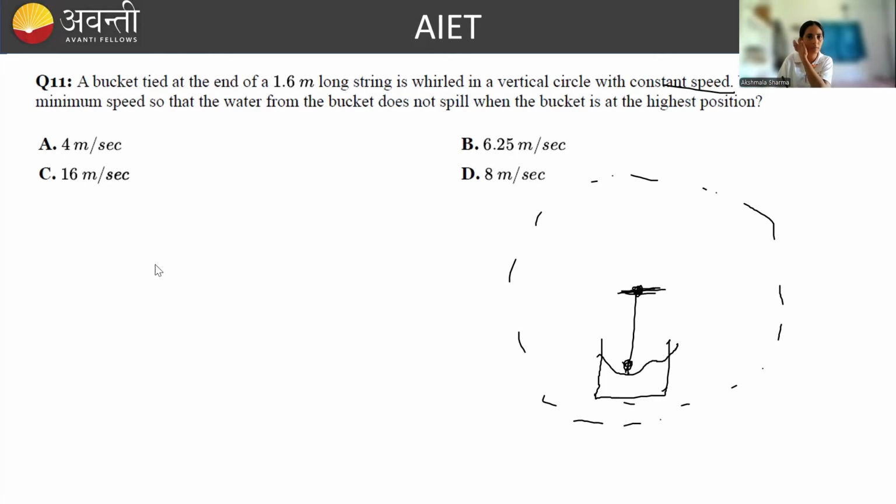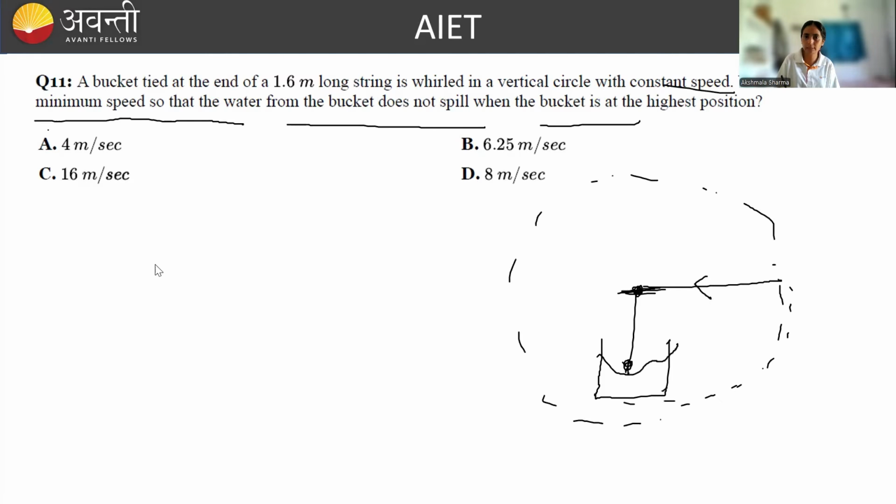Even if you have not, let's do this question. What should be the minimum speed so that water from the bucket does not spill when the bucket is at the highest point? Why is there a chance that water will spill out of it? See, if it is moving in a vertical circle, then at every point, let me show the block like this.